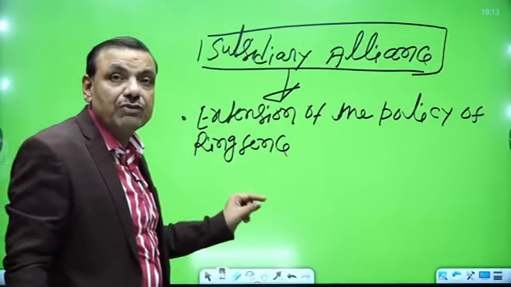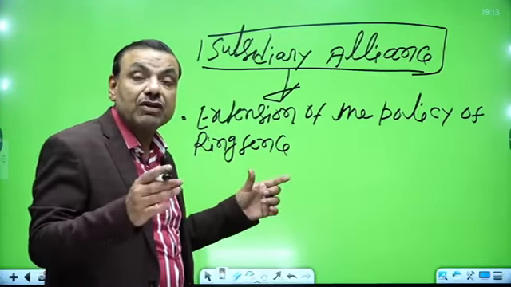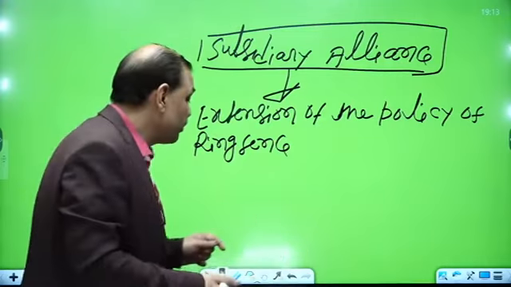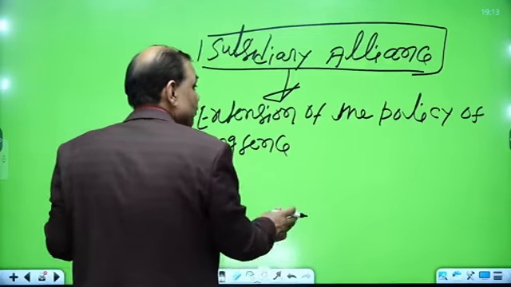The policy of ring fence started in this period to encircle your enemy states with your friendly states. So this was the extension of the policy of ring fence.